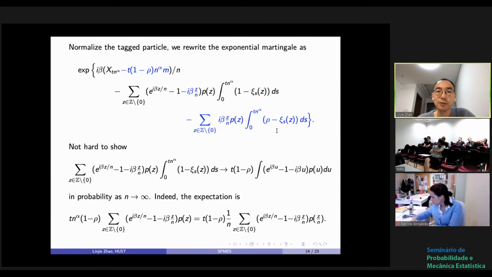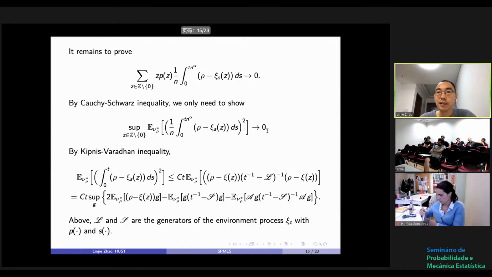So it remains to consider the third line, which is the extra term compared with the symmetric case. Because it is centered, we want to show it converges to 0. We first use the Cauchy-Schwarz inequality, and we only need to show this term converges to 0.